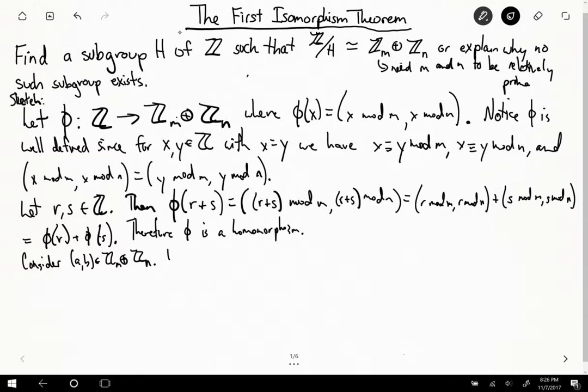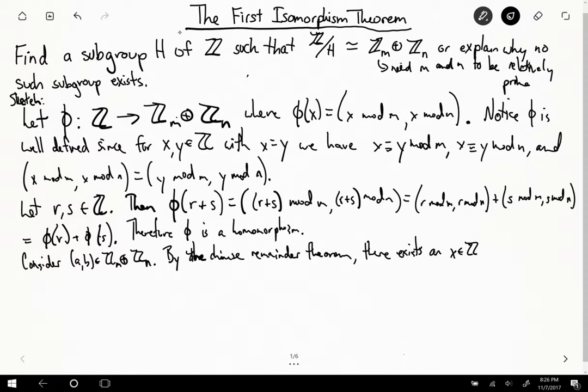Now, by our Chinese remainder theorem, so if you don't know what that is just yet, I can break that down for you in class or whatnot, we know that there exists an x in the integers.